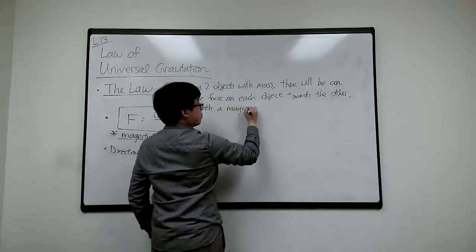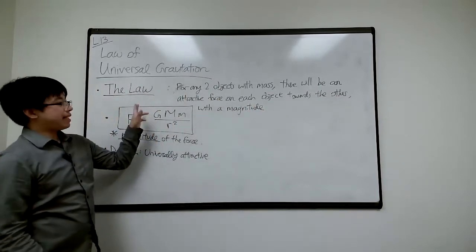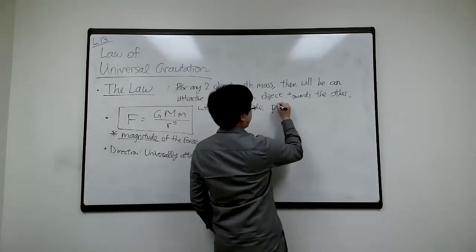I could write a magnitude of G times M1 times M2 over R squared. I could write that, but let's write it fully in words, since we're committed to that.